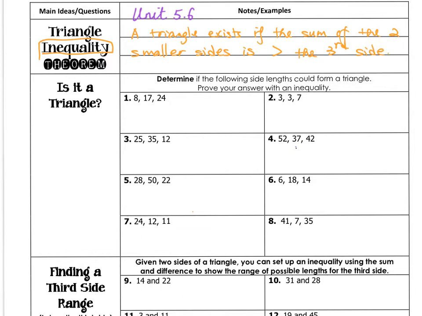So basically, you can say A plus B is greater than C, assuming C is the largest side.